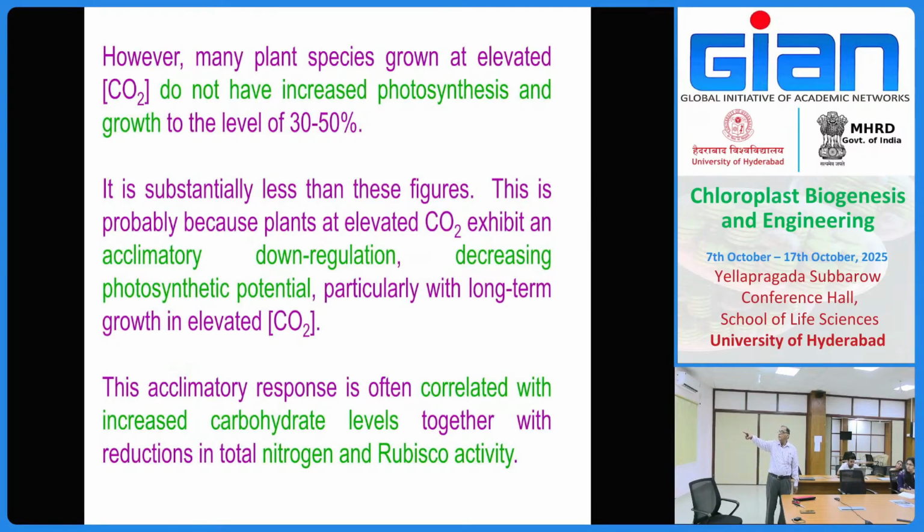This is probably because the plants exhibit acclimated down regulation, decreasing photosynthetic potential, particularly with long-term growth in elevated CO2. This response is often correlated with increased carbohydrate levels and a reduction in total nitrogen and Rubisco activity. Nitrogen content decreases, protein content decreases.